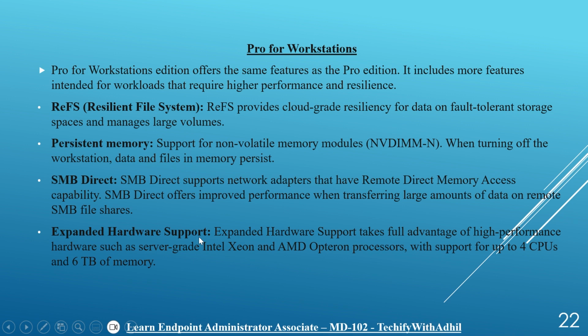Expanded hardware support takes full advantage of high performance hardware such as server grade Intel Xeon and AMD Opteron processors, which support up to 4 CPUs and 6 TB of memory. So from this we can see it's all for high usage, high performance requirements. So Pro for Workstations will have all these features in addition to the Pro features.